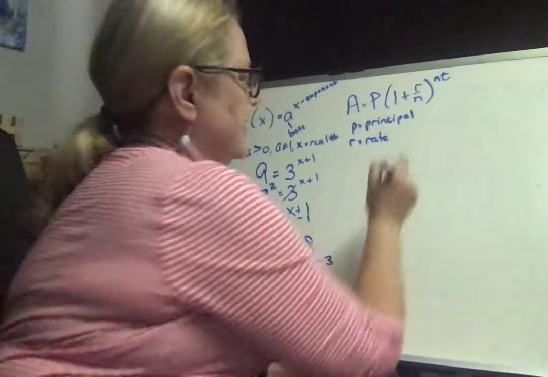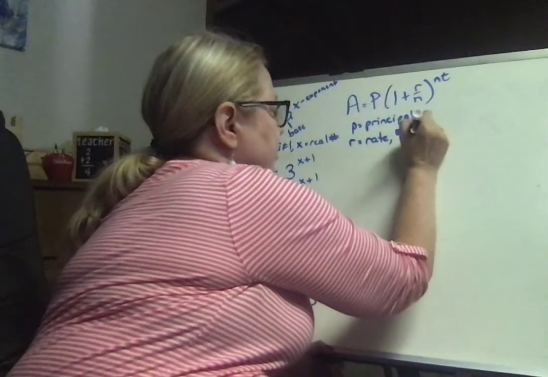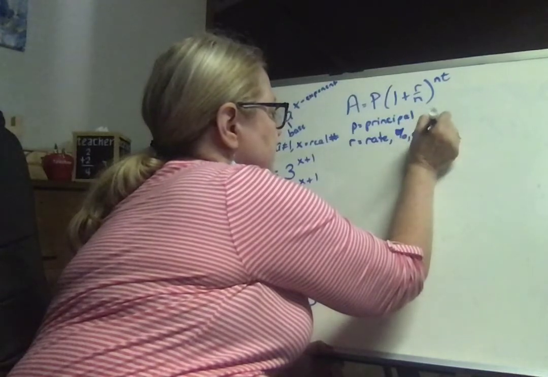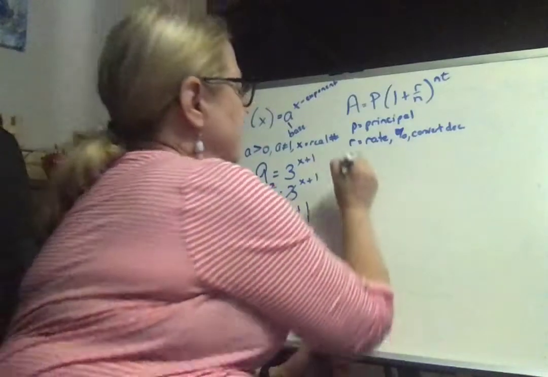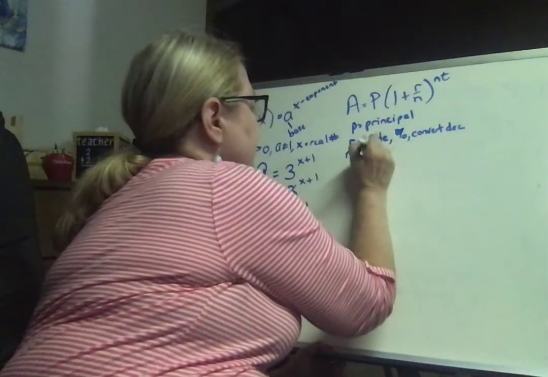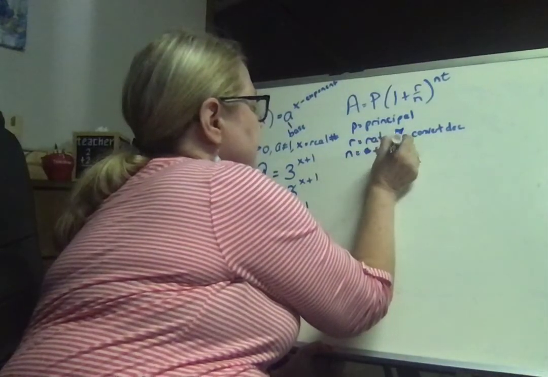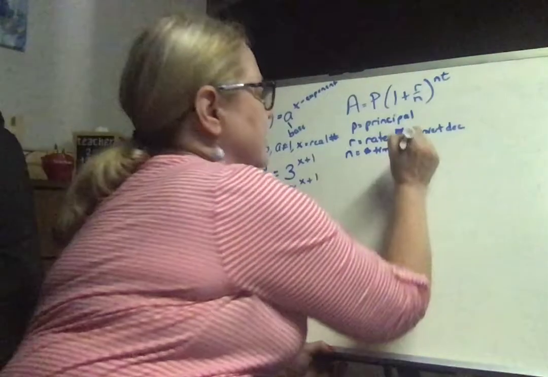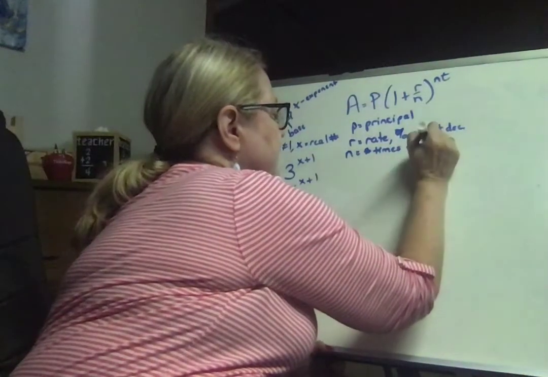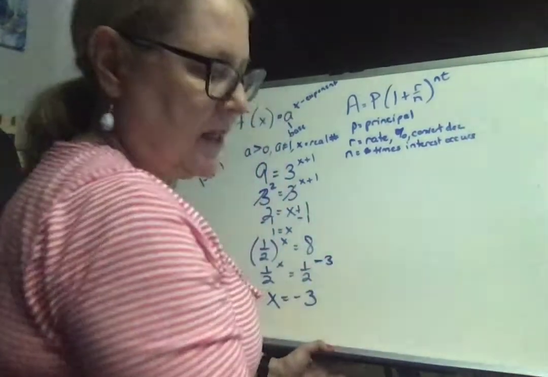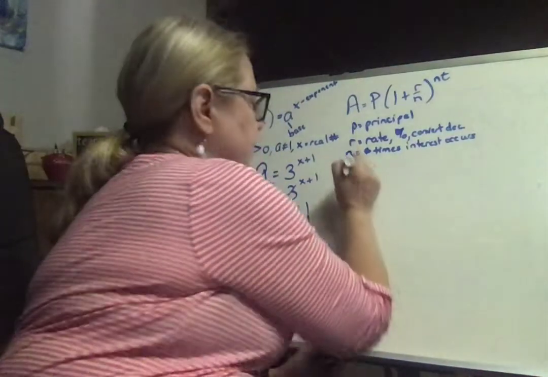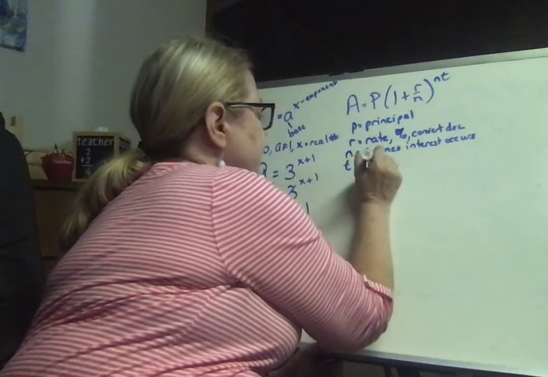It's a percent, but we convert to a decimal. n is the number of times the interest occurs in a year. And t is the number of years, the length of time.